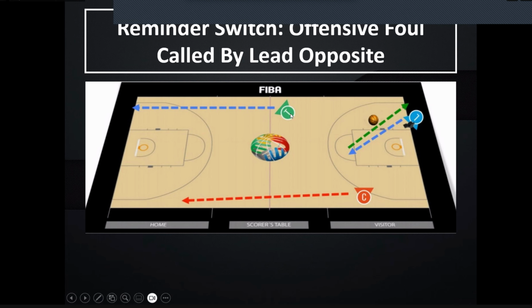Same as if the trail called that offensive foul. Then the trail would just report and would stay there and go lead. And our lead would become trail in the same position and our center would be the same. So in the backcourt, if we're reversing direction and you're already opposite, we're not going to have to switch.